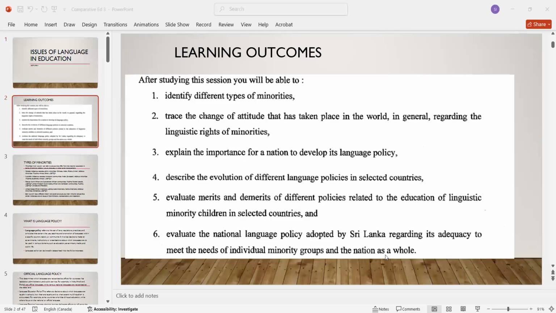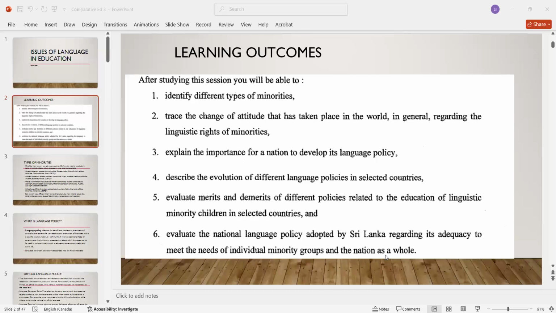Read these learning outcomes. After completing this lesson, you will be able to identify different types of minorities. Trace the change of attitude that has taken place in the world in general regarding the linguistic right of minorities.